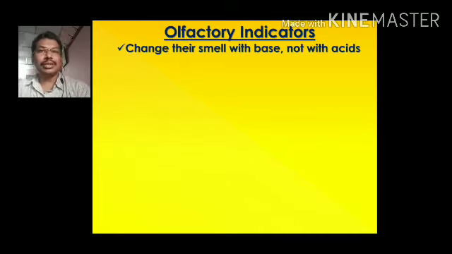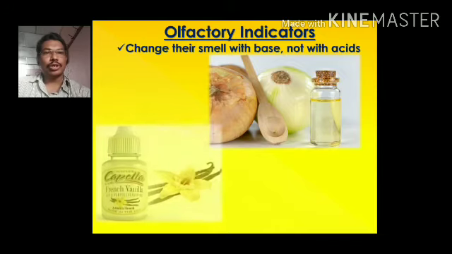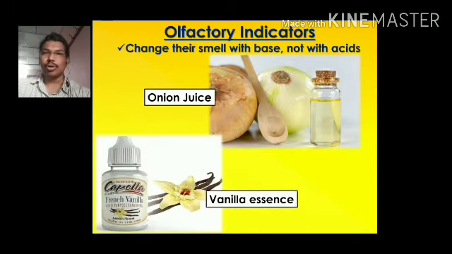If an olfactory indicator loses its smell, then it is said to be basic in nature. If it does not lose its smell, it is simply acid. Examples: onion juice and vanilla essence, and clove oil also we can take as an olfactory indicator.